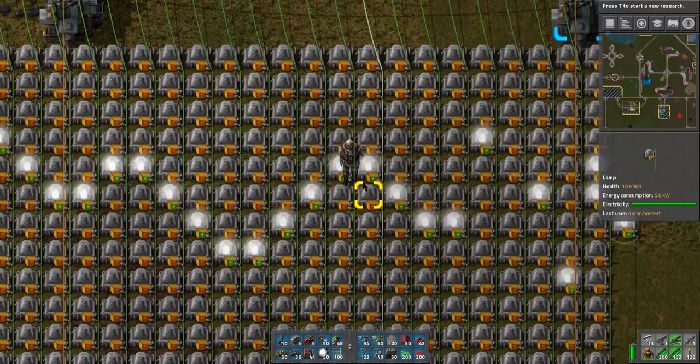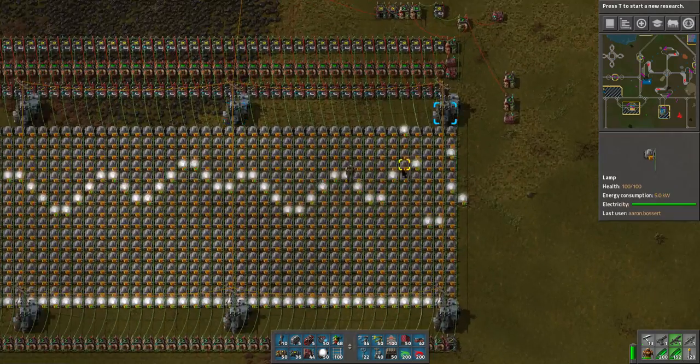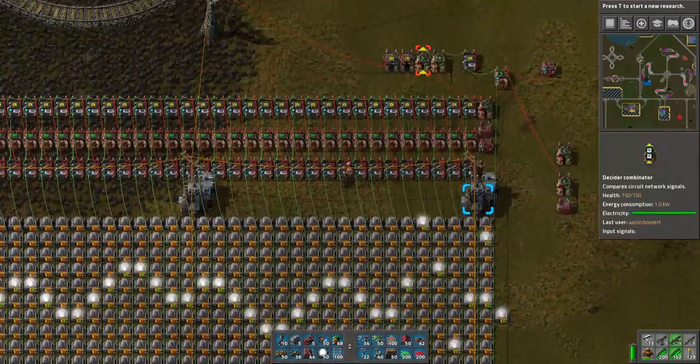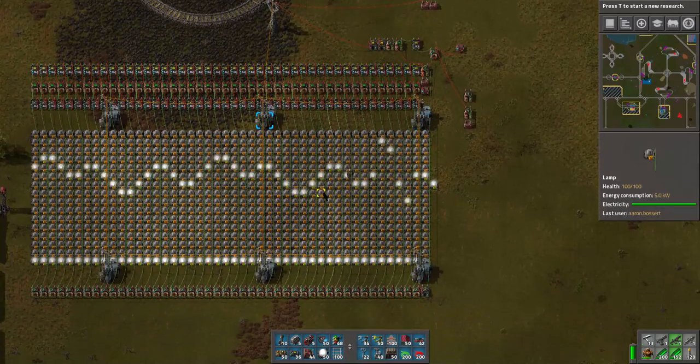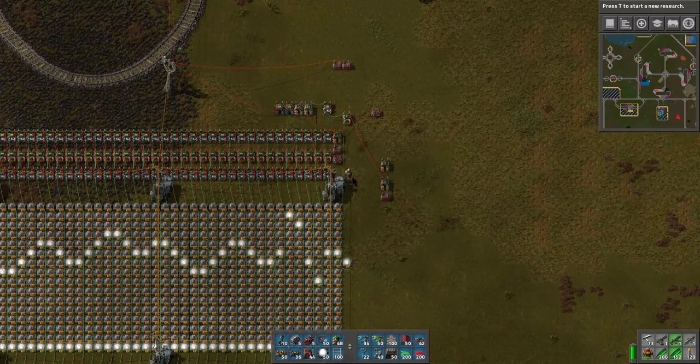Maybe that's a little weird to think about, kind of gross logic, but it keeps the number of combinators down if I do it that way, and it also results in this very coherent output. So yeah, I hope you enjoy it.